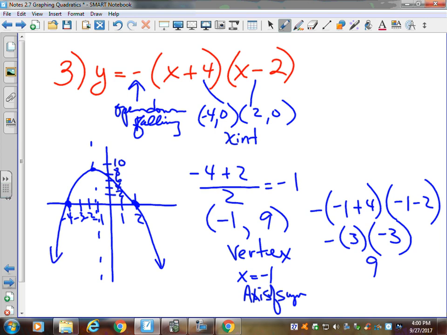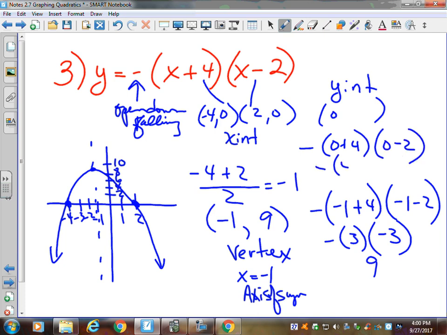If I wanted the y-intercept, I could plug in 0 for x, and that would be negative 0 plus 4, 0 minus 2, which is negative times 4 times -2, which is 8. And it looks like my graph about hit there. I did a pretty good job of that, although it's off just a slight amount.